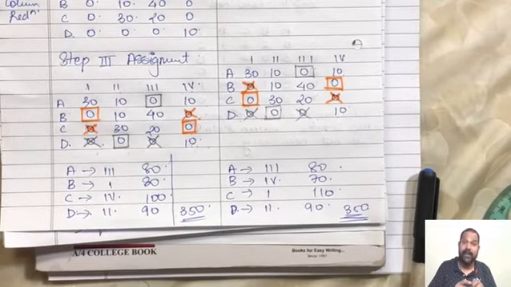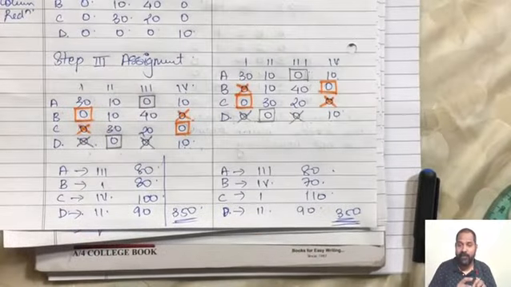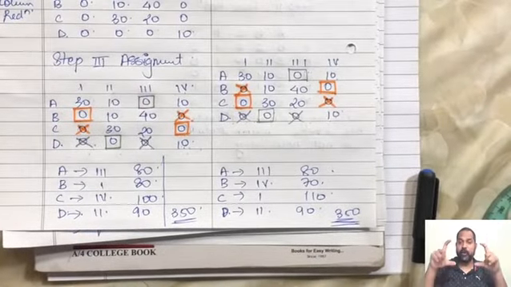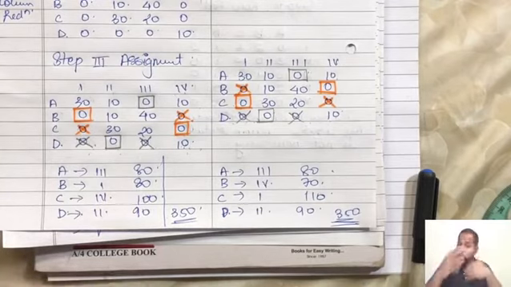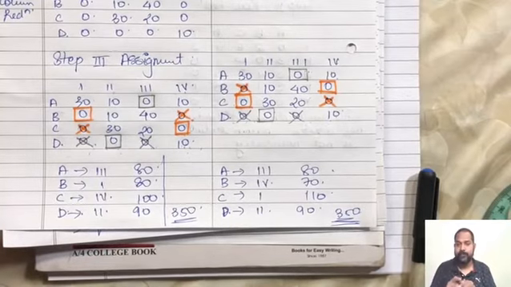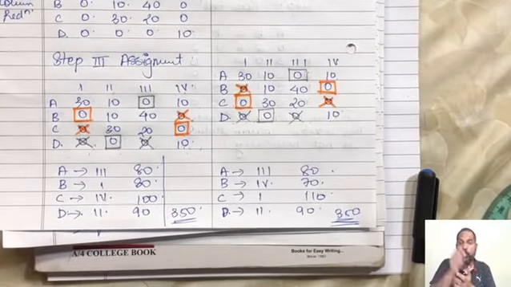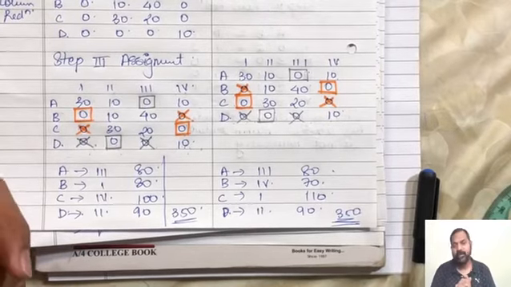And this will happen if there is a loop. Whenever in the rows and the columns there are zeros everywhere, row wise or column wise, you have to keep skipping and you keep going into a loop. To break that loop, you randomly choose any one zero, cancel out the rest and continue.